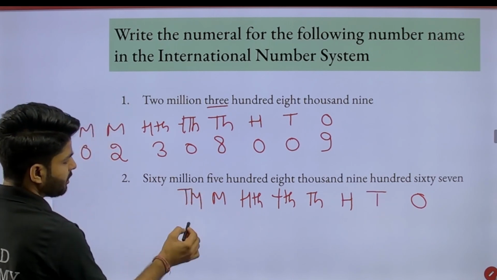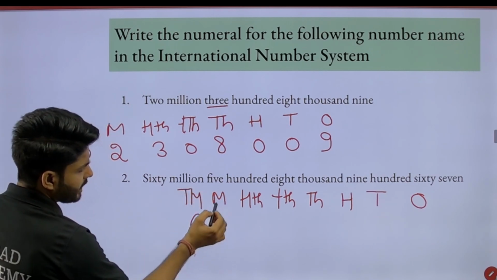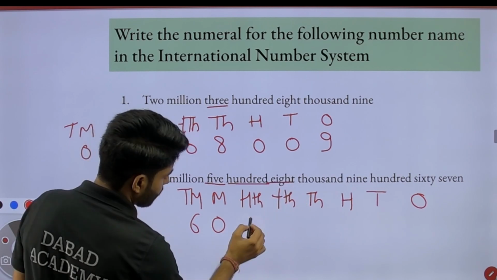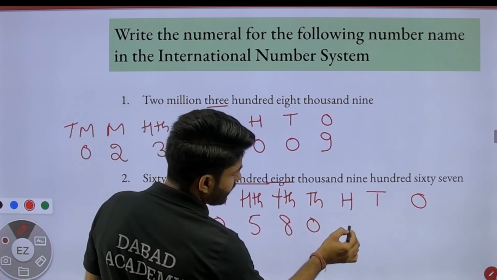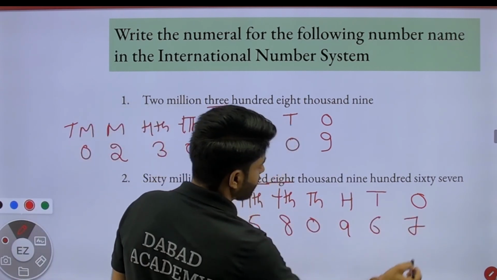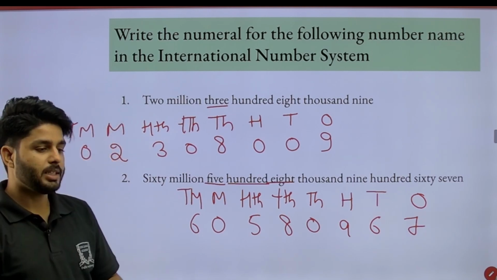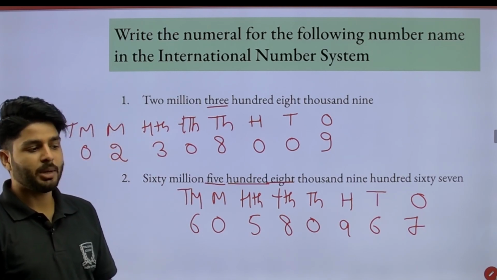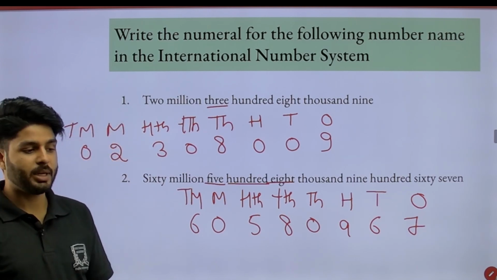So first we have 60 million, so we write 60, then 508, that is 500, then 967. This is the numerical form of the number name according to the international number system.